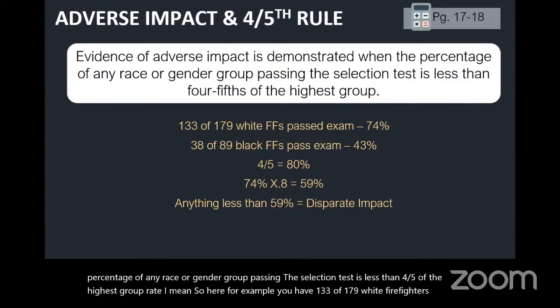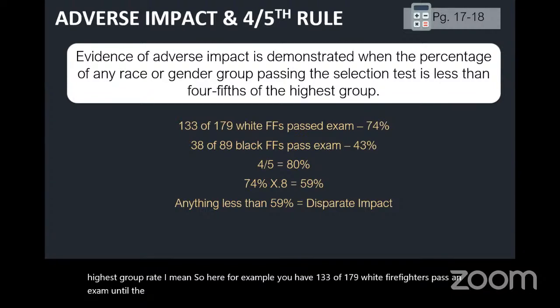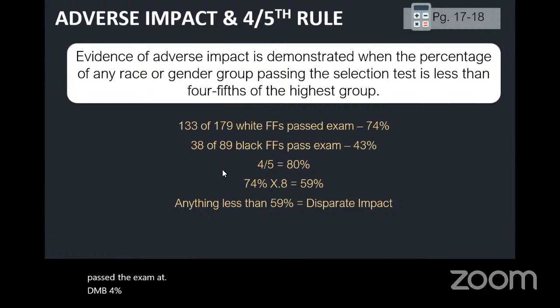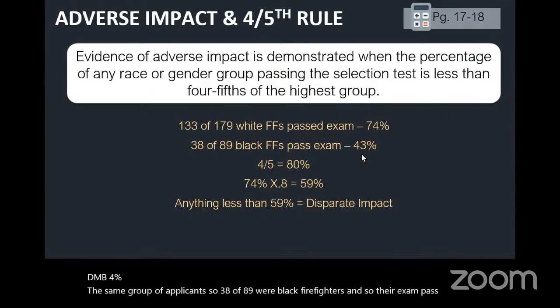The example is coming directly from the book on page 18. And so they passed the exam at 74%. The same group of applicants included 38 of 89 Black firefighters, and so their exam pass rate was 43%.